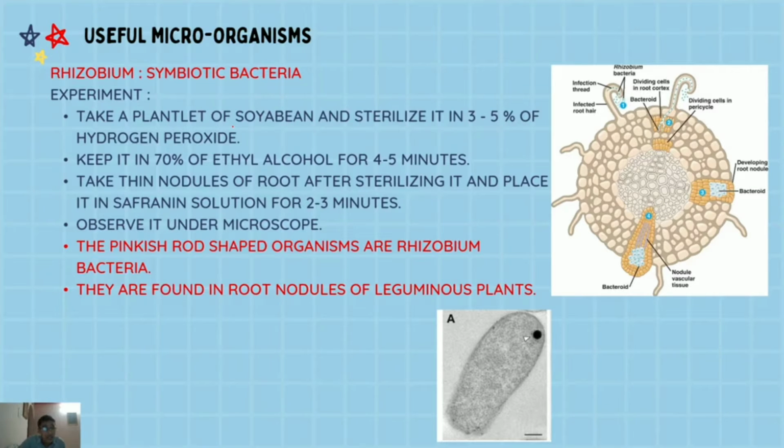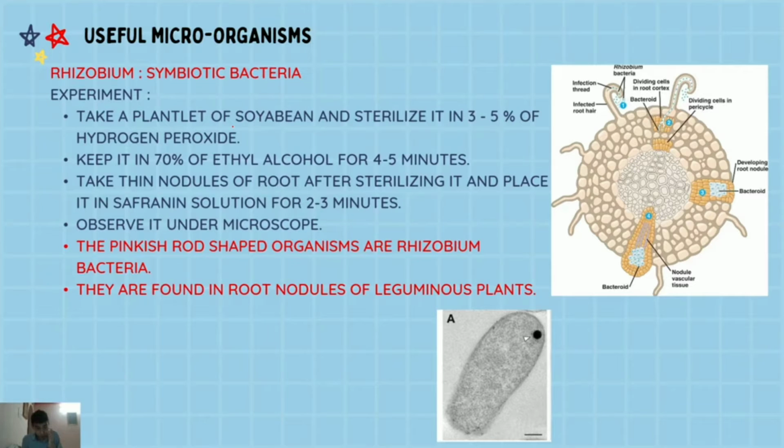We will sterilize it in 3 to 5% hydrogen peroxide. We will take the plantlet of the soya bean plant and sterilize it using a 3 to 5% solution of hydrogen peroxide.